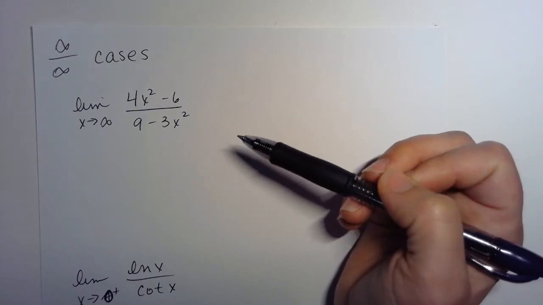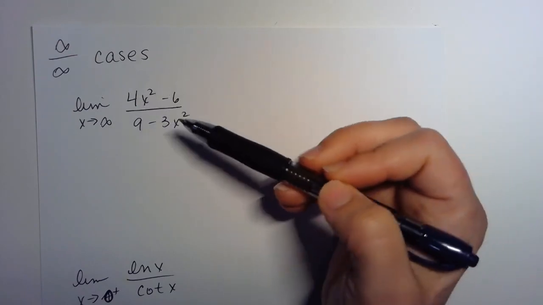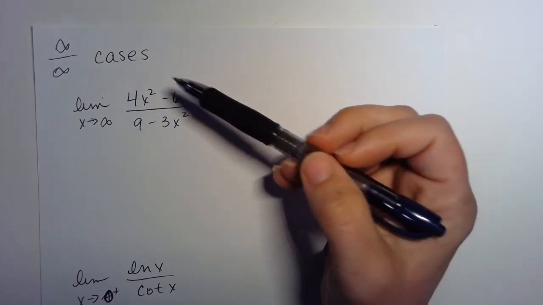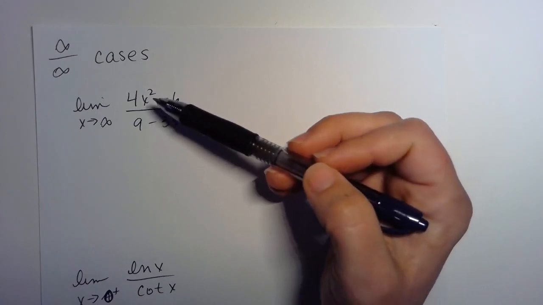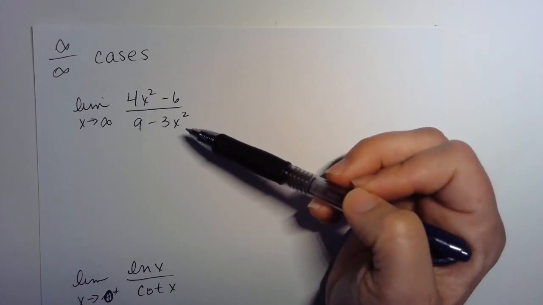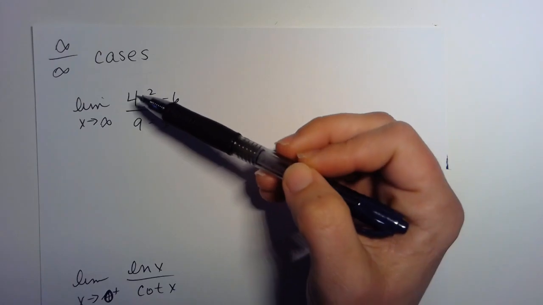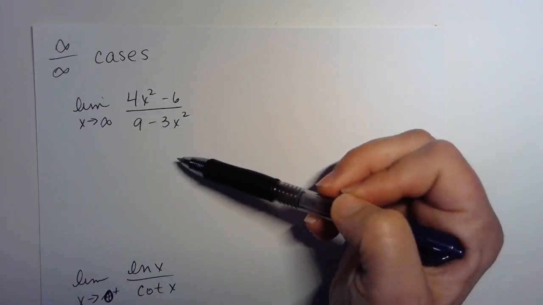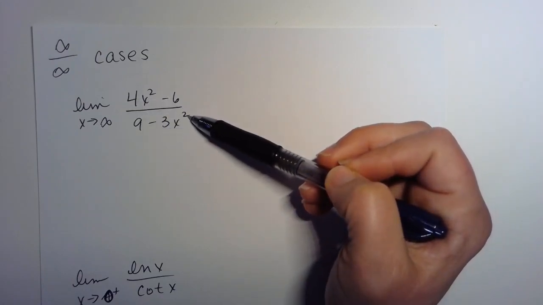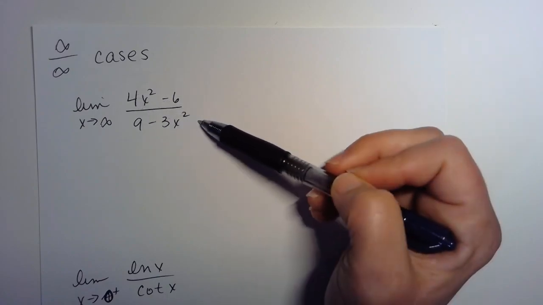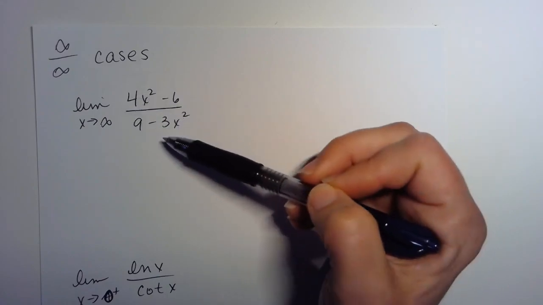And if you recall, by doing those maybe multiple times, I can look at this and see the limit here because I have a second degree polynomial over a second degree polynomial. And when the highest powers, the degrees, match, then it's the ratio of their coefficients.